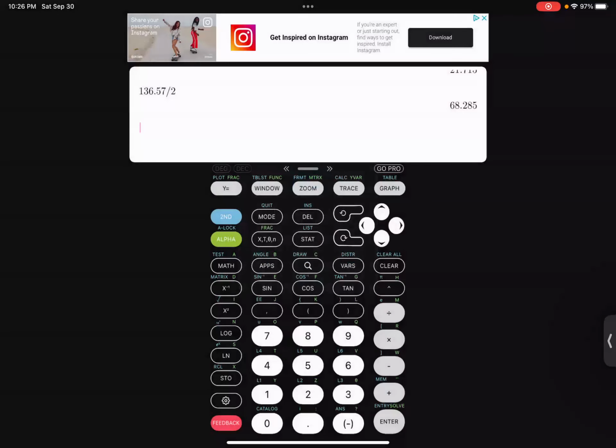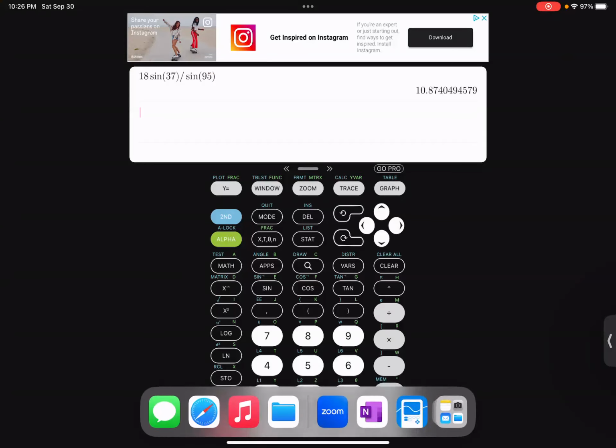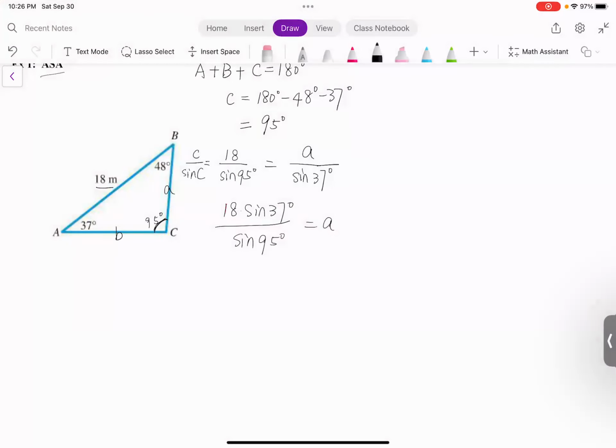So let's do the computation. That's 18 times sine 37 divided by sine 95, close the parentheses. So it's about 10.874.